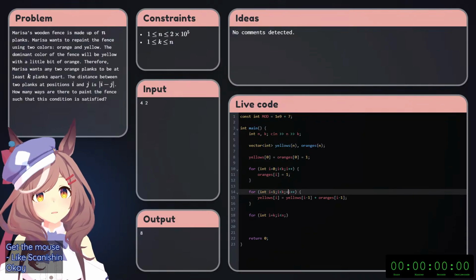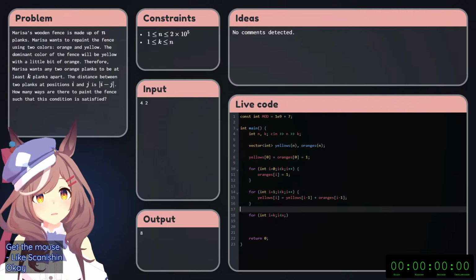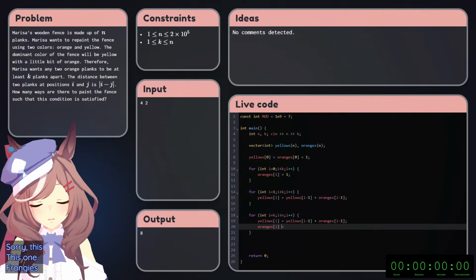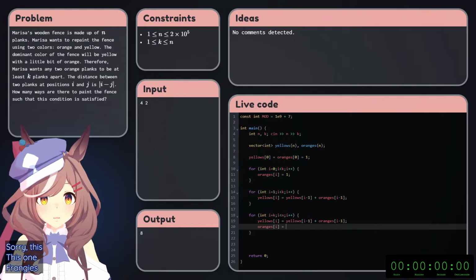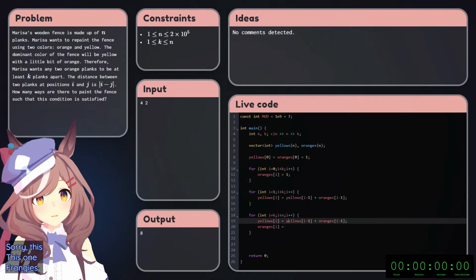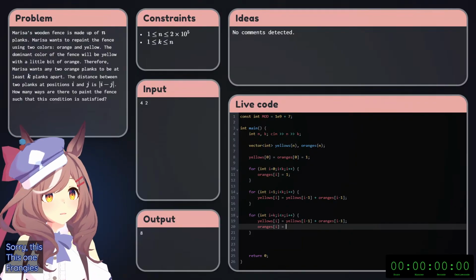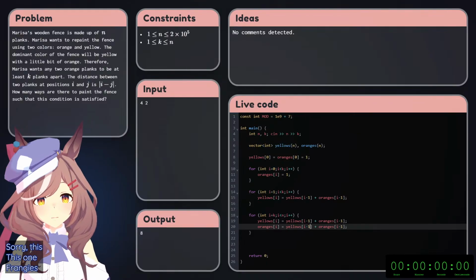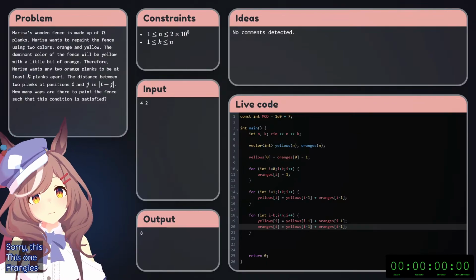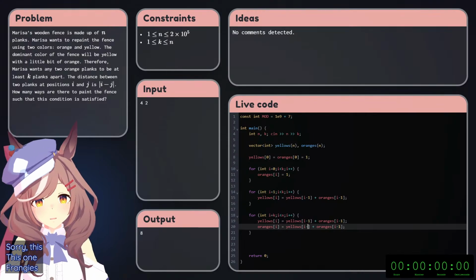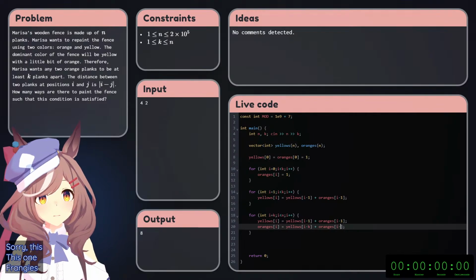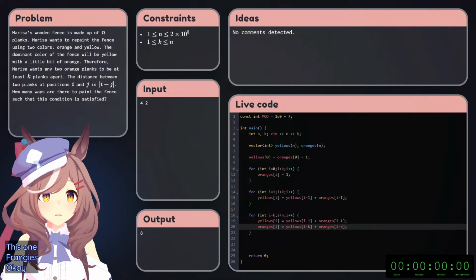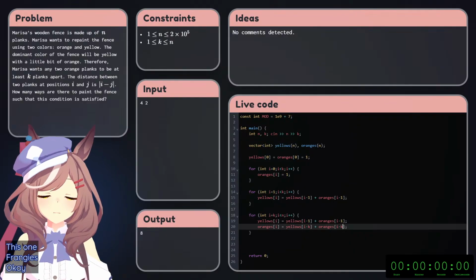Oranges i can be yellows i minus k plus i minus k. Sounds right. Yep.